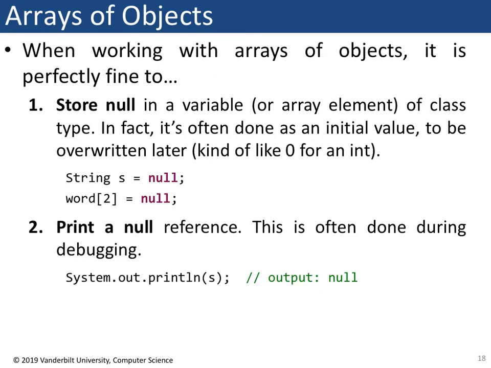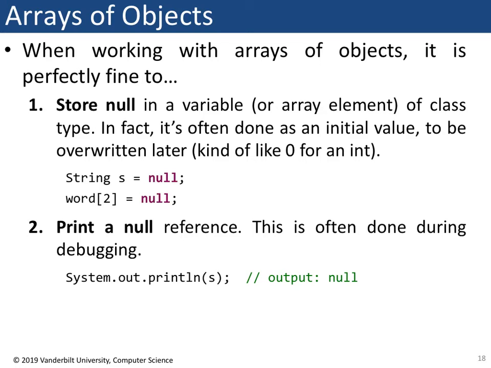So let's talk about what we can do with this idea of null and how we are allowed to use it. It's perfectly fine to store the value null in a reference variable. Remember, that's what this is. So we declare it as type string. So this is a reference variable that is uniquely able in Java to store the reference to a string object. Well, we can store the value null in it, which means there's no object here yet.